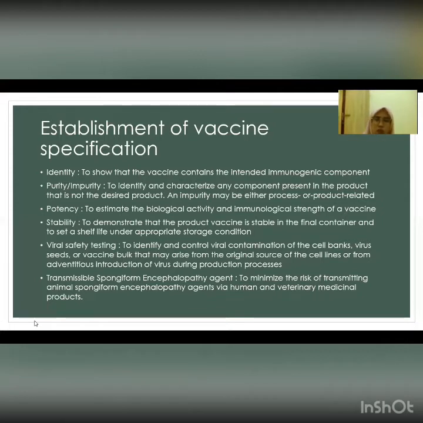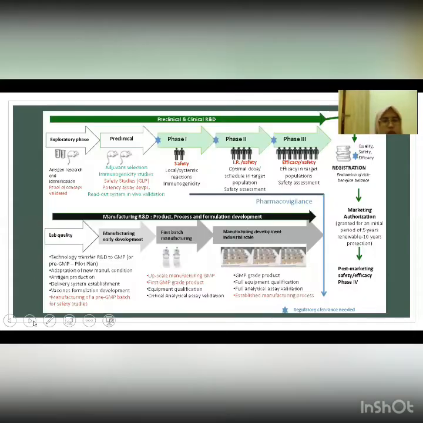The purpose is to minimize the risk of transmitting animal spongiform encephalopathy agents via human and veterinary medicinal products. And this is the figure that shows the process of preclinical and clinical study and also manufacturing, from product process and formulation development.